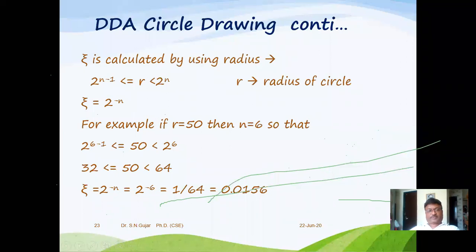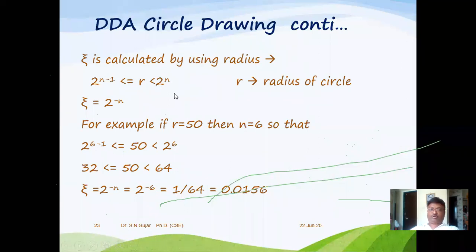Suppose first the n value is 2, so 2 minus 1 is 1, so 2 raised to power 1, which is 2, is less than or equal to 50, less than 2 raised to power 2, which is 4. So 2 is less than or equal to 50, less than 4.